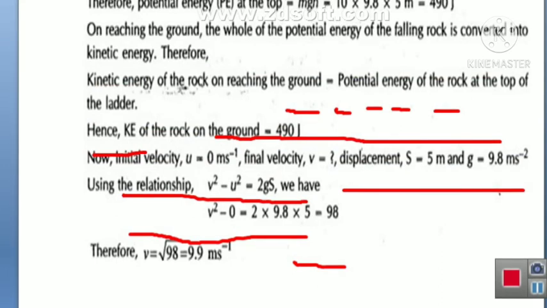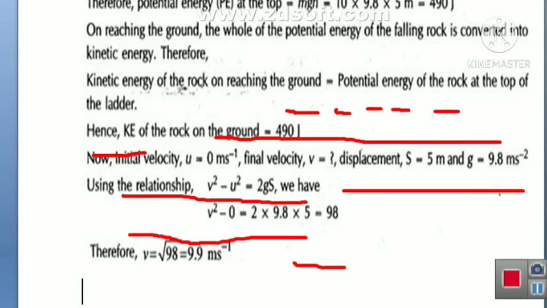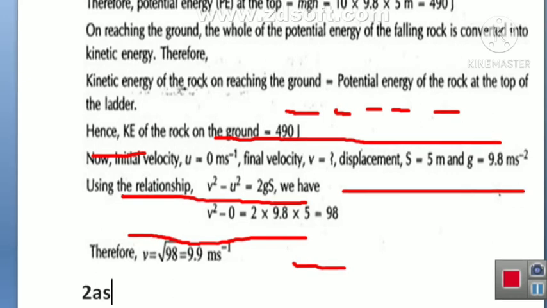By using the third equation of motion, that is v square minus u square is equal to 2as, in place of a we are taking g. So a is equal to g.